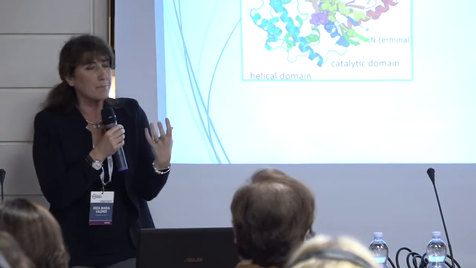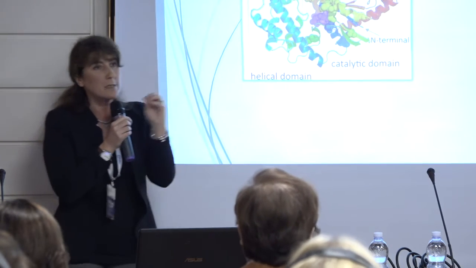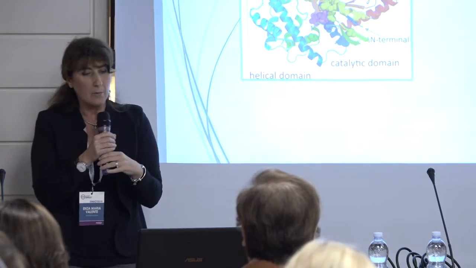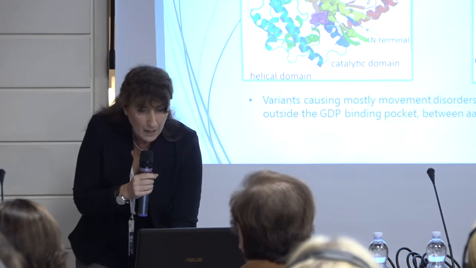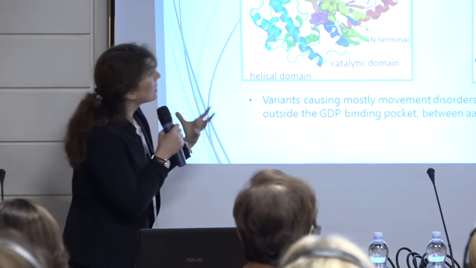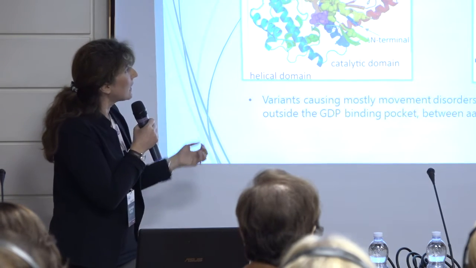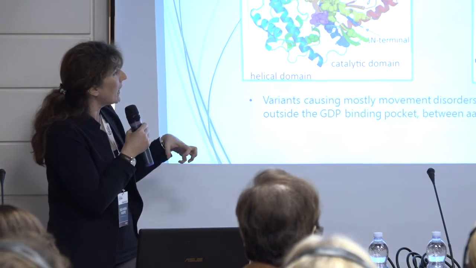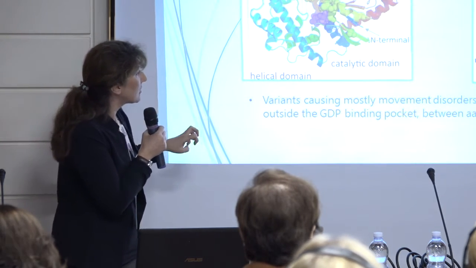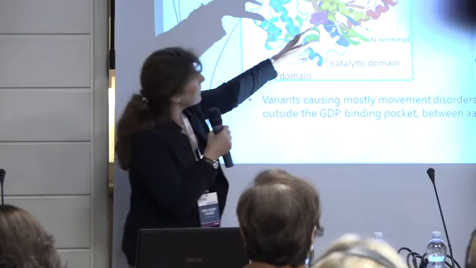And what about the distribution? Well, we also found some connections in terms of domains, and functions. Well, yes, we have a connection between the phenotype on the one hand and the domain where the mutation can be found.